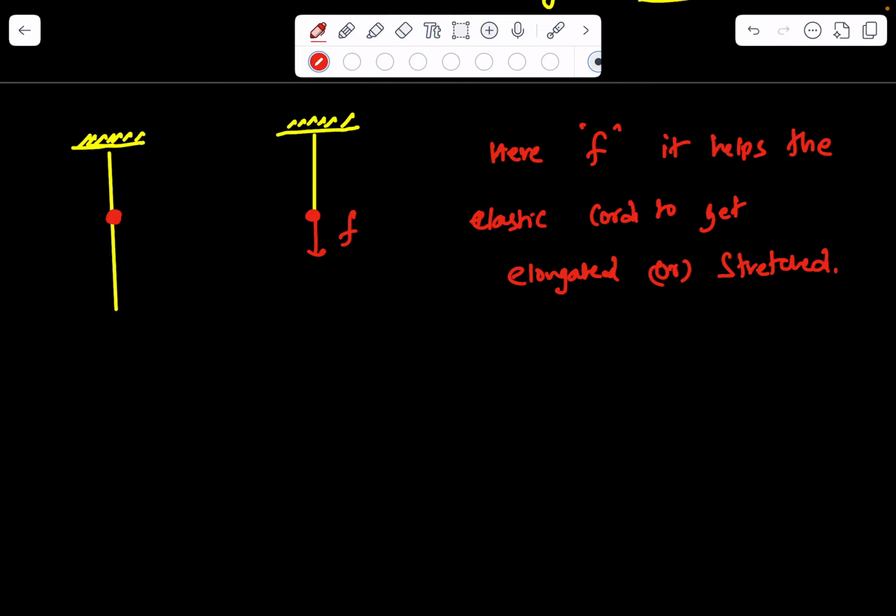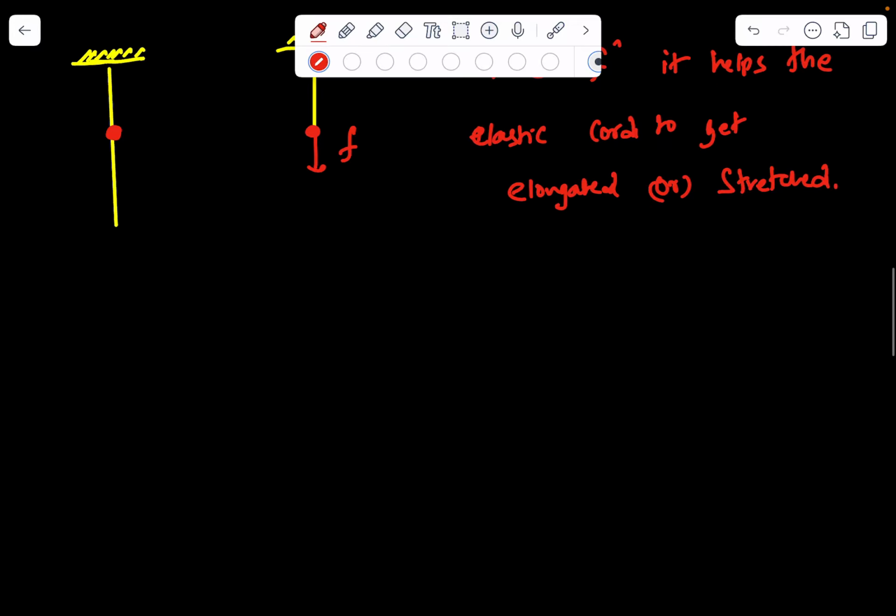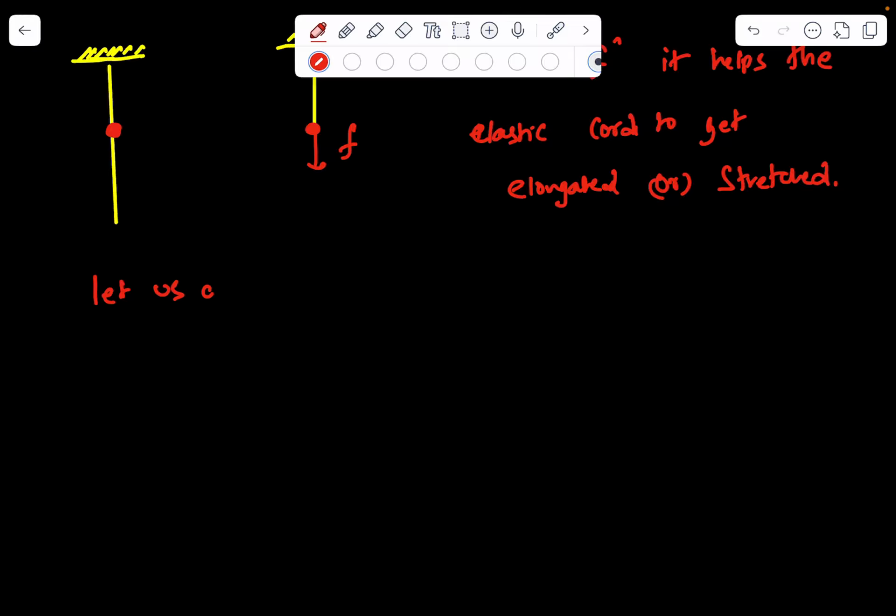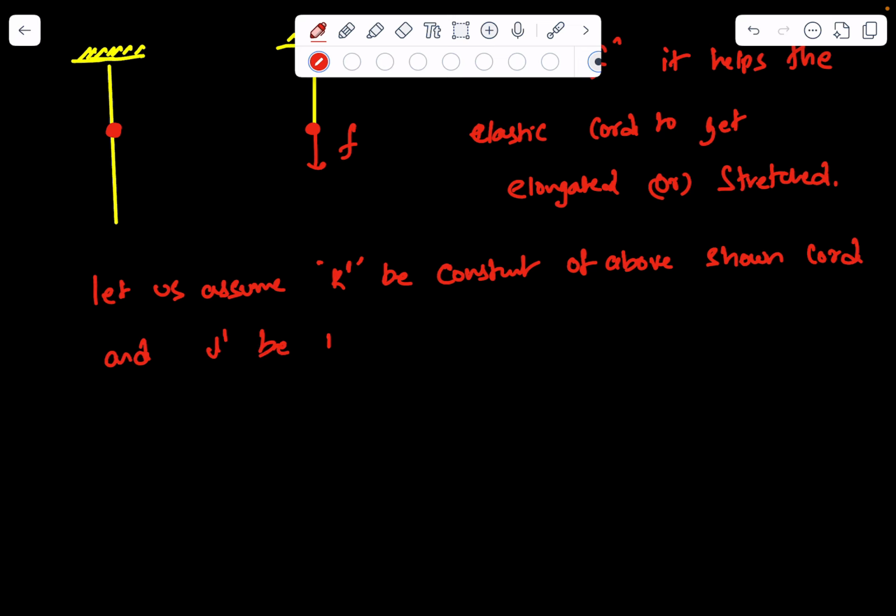Let us assume K dash be the force constant of the above shown cord, and L dash be its natural length.